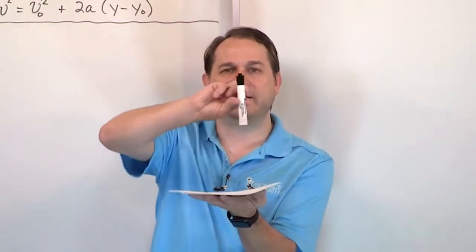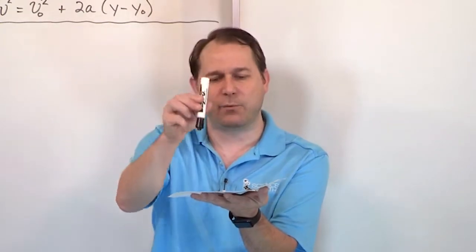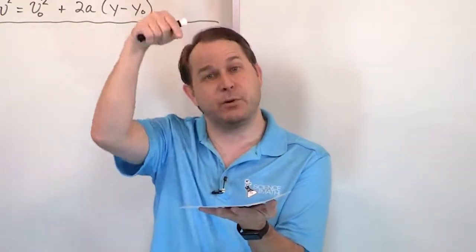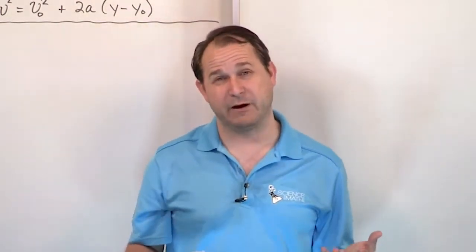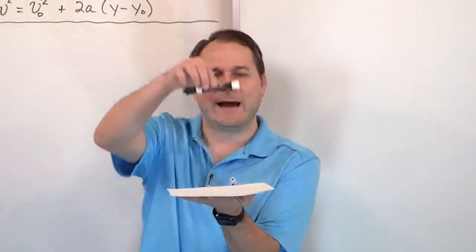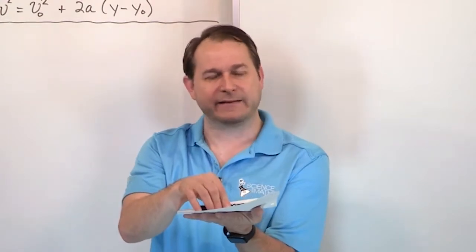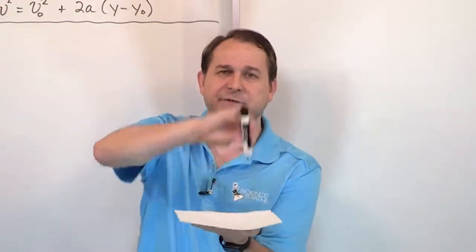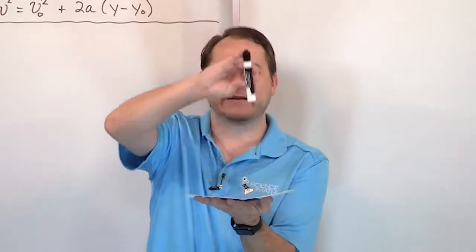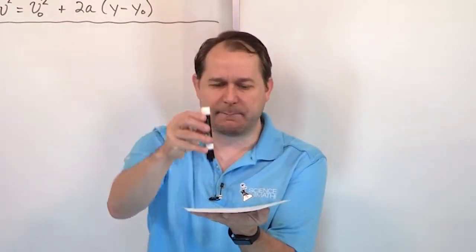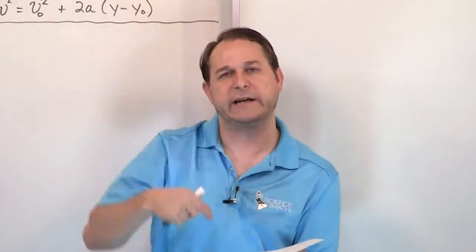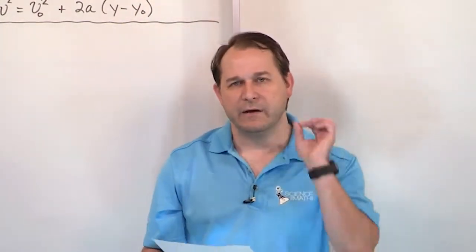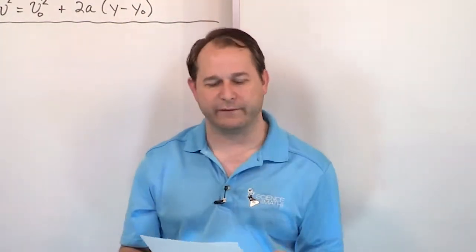So if you launched it up at 10 meters a second, when it gets down to the same spot, it's going to be going down at 10 meters per second. So those two things can actually help you solve quite a bit of problems. If you just remember that the time going up must be equal to the time getting back to the same spot, and the initial velocity you throw it at is going to reach a height, and then it's going to accelerate back from 0 at the top back down to the same velocity but going in the other direction, that can help you. So keep those two things in mind as we solve this next problem.